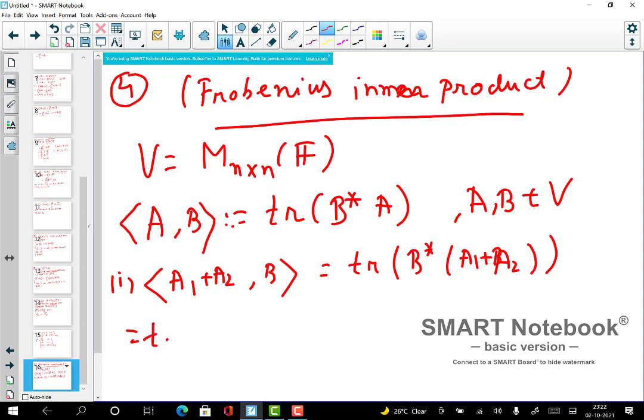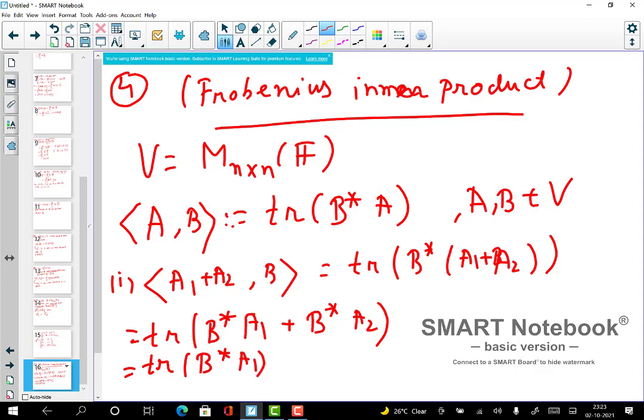So this will be the trace of B star A1 plus B star A2. Now, trace of A plus B equals trace A plus trace B, so this gives the trace of B star A1 plus the trace of the matrix B star A2.